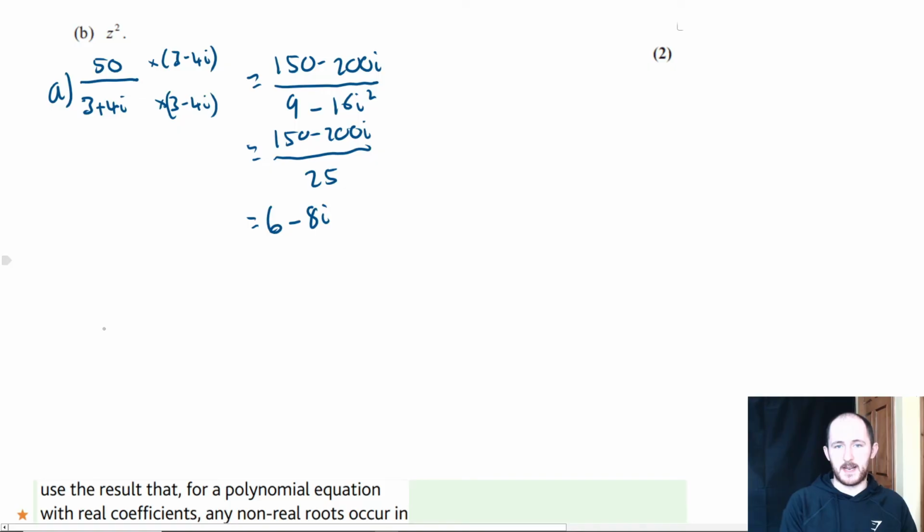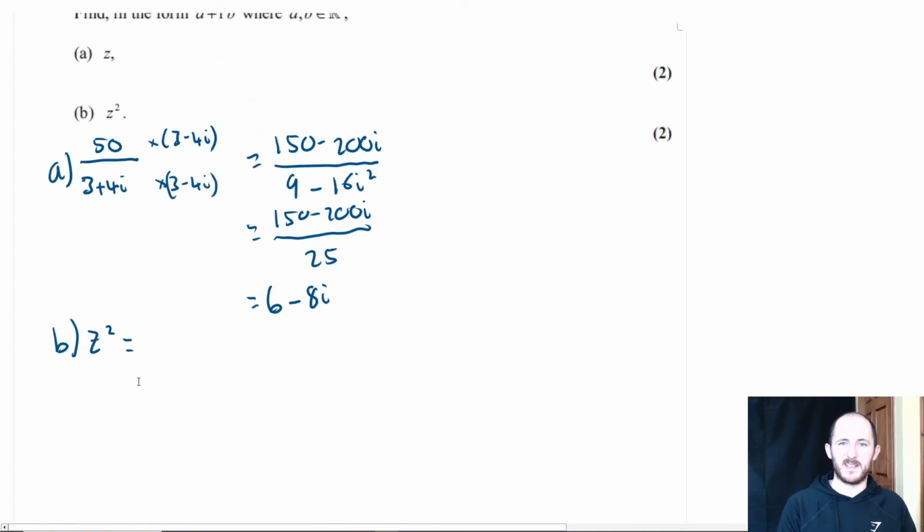And lastly, we need to do z squared. So that's just a multiplication. So we have 6 minus 8i. Again, I wouldn't recommend doing the original expression because that gets a lot more tricky.